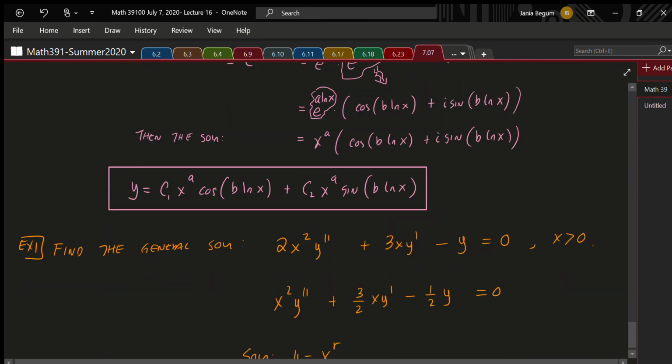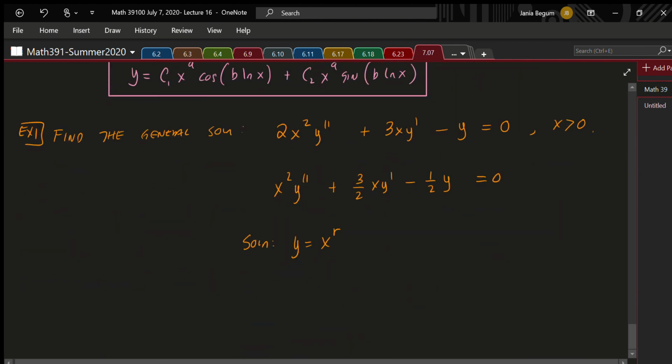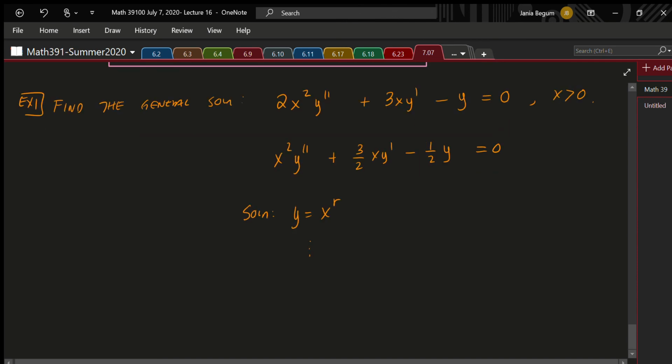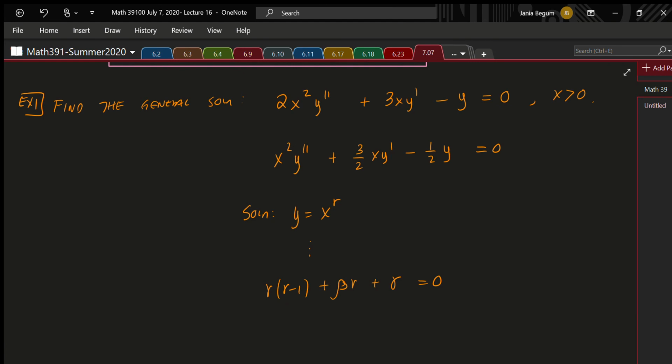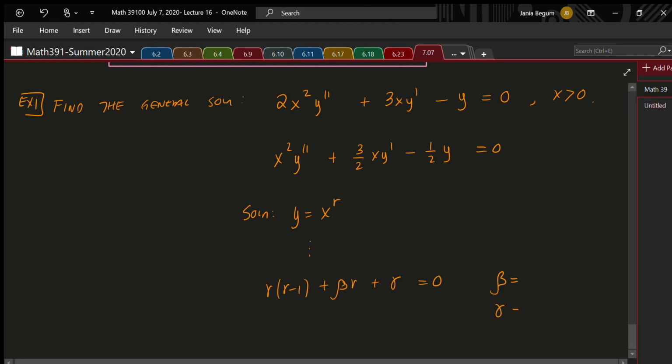Let me know if you need me to show work. We'll have this initial equation: r times (r minus 1) plus beta r plus gamma is equal to 0. If that's how the solution looks, then this is the initial equation. So what is beta and what is gamma for this problem?